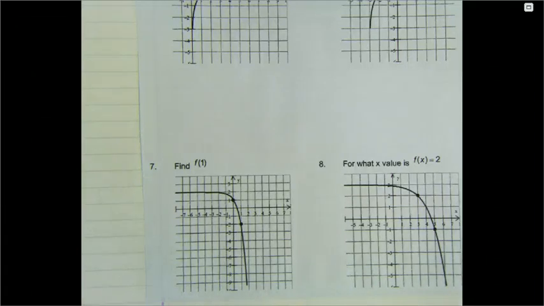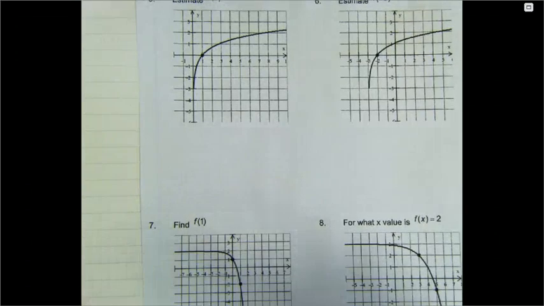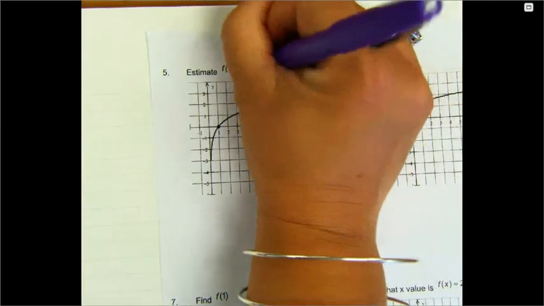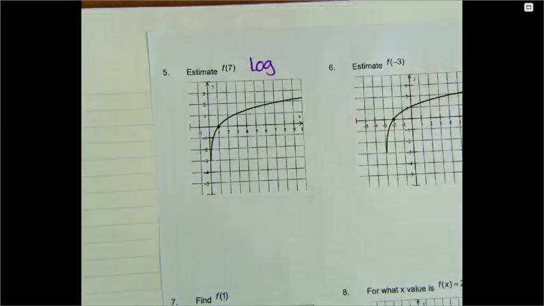So the first thing you need to do in your homework tonight is decide, do you have an exponential function or do you have a log? Okay? So that's going to be the hard part, identifying if it's an exponential or if it's a log. What do you think 5 is? Oops. What's 5? How do you know it's a log? Well, I kind of want you to do a log, but why do we think it's a log? Where's our asymptote?